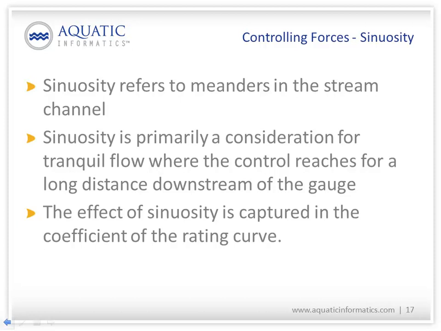This factor is going to be apparent in the coefficient of the rating curve, but we need to pay attention to whether the controlling length of the channel changes as a function of stage. If the length of the control at different stages encompasses more meanders or fewer meanders, then that effect is going to get translated into the exponent, changing the slope of the rating curve.